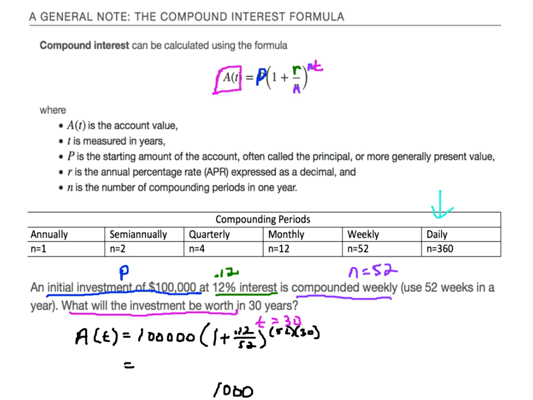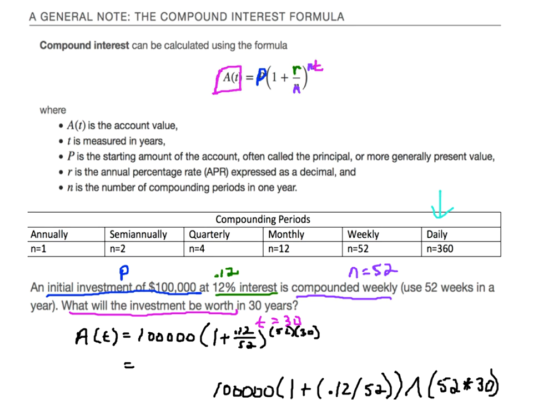Okay, so this is how I just put this into my calculator. I did 100,000 times 1 plus, and then I held this in parentheses, 0.12 divided by 52, in that inner parenthesis, in the outer parenthesis, and then I raised that to 52 times 30, into parentheses.